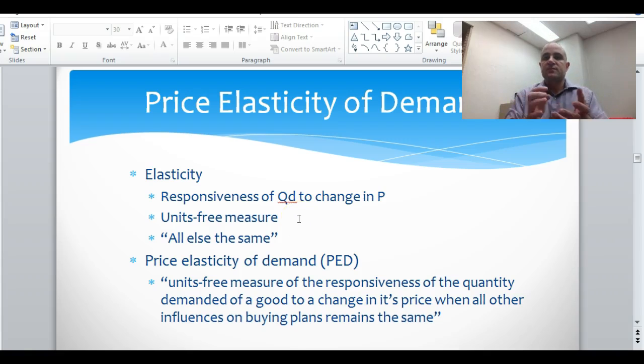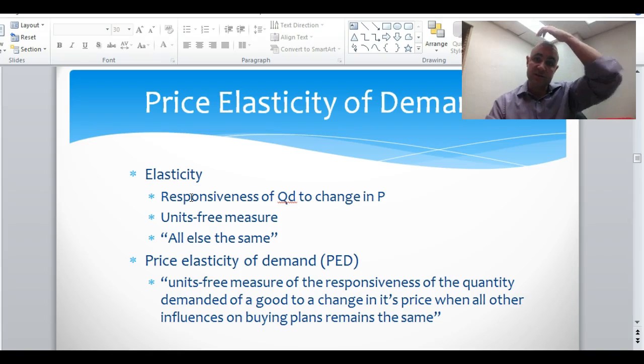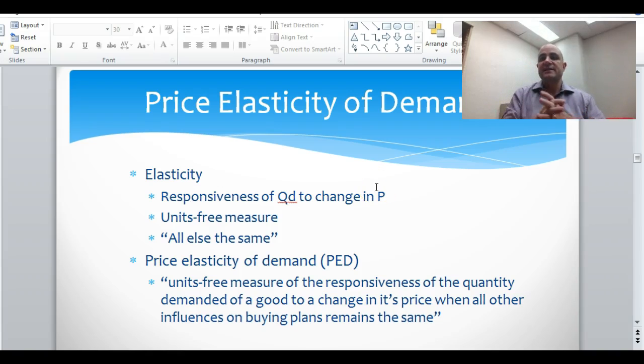So this brings up what we call elasticity. When we're looking at price elasticity of demand, we'll talk about the others at another point, it's the responsiveness of the quantity demanded to a change in the price. So basically, it says price change, what was the effect on quantity demanded?